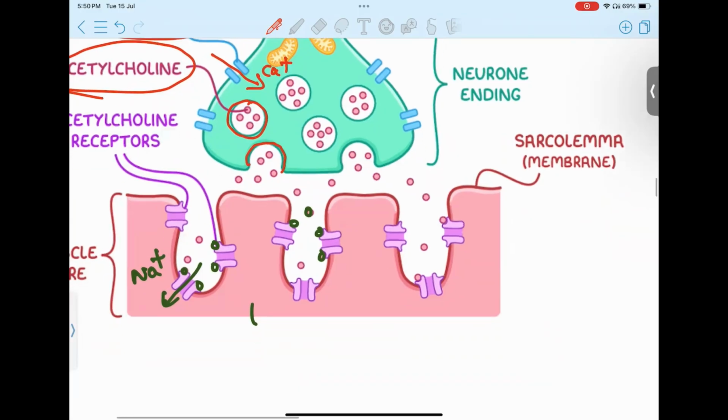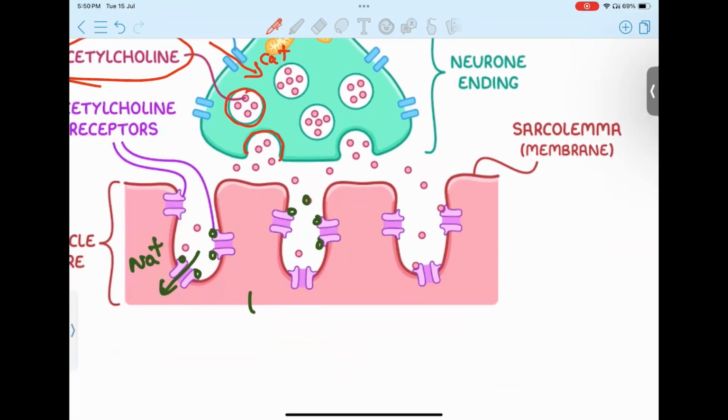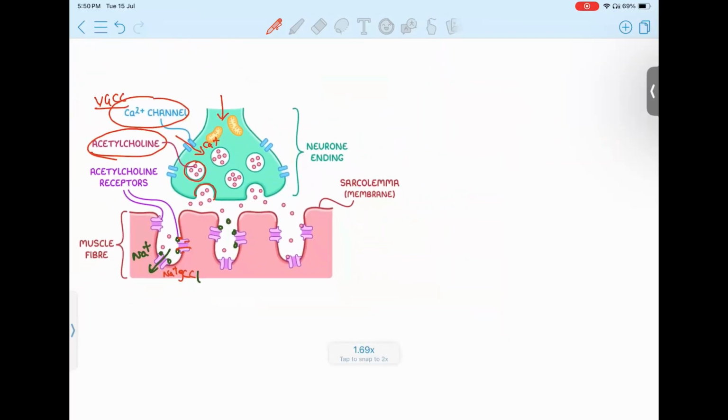Once the acetylcholine is released, this will cause the opening of the sodium gated channels, through the nicotinic receptors present here. So this is what happens in the neuromuscular junction.